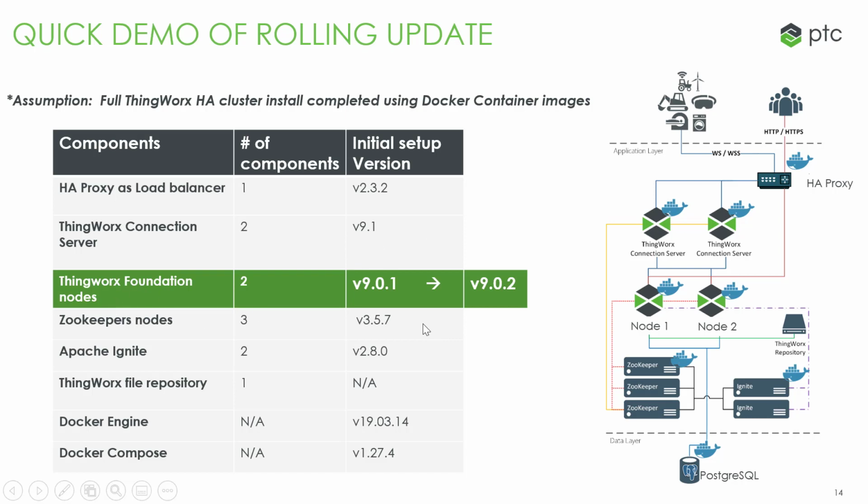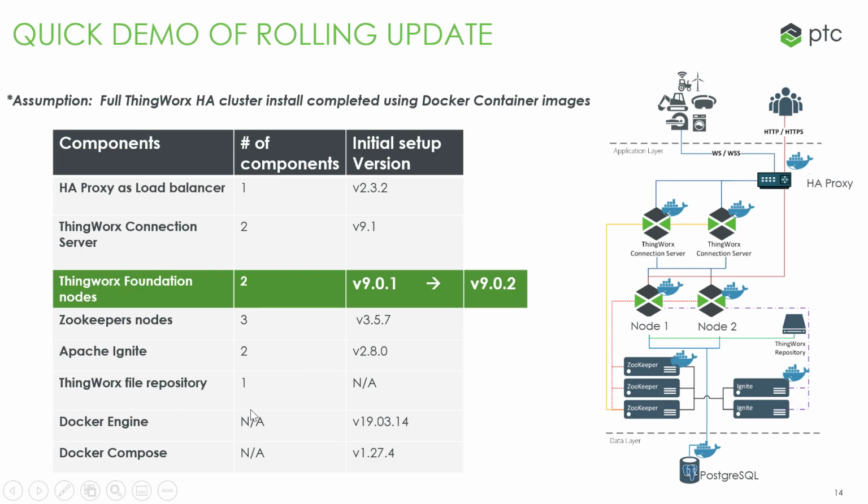We'll be using ThingWorx Foundation nodes. Node 1 and 2 will be 9.0.1 of the platform. We'll be using Zookeeper deployed in quorum with version 3.5.7. We'll be using Apache Ignite, two servers in HA mode deployed outside of ThingWorx on the Docker Compose environment.